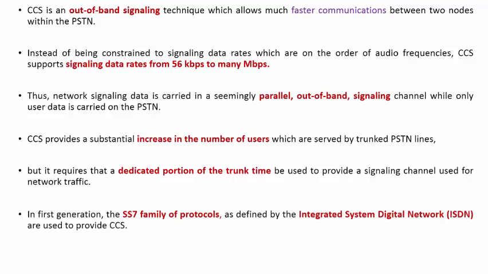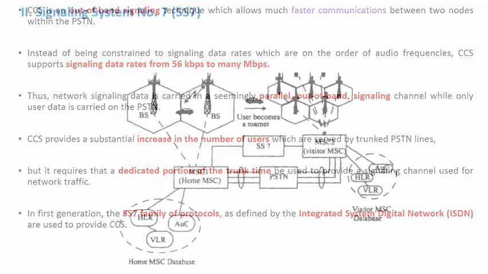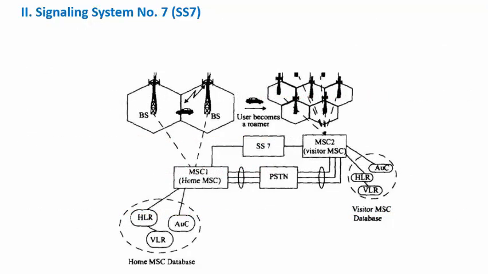So in the first generation, the SS7 family of protocols as defined by the ISDN, that is Integrated Services Digital Network, are used to provide the common channel signaling scheme.